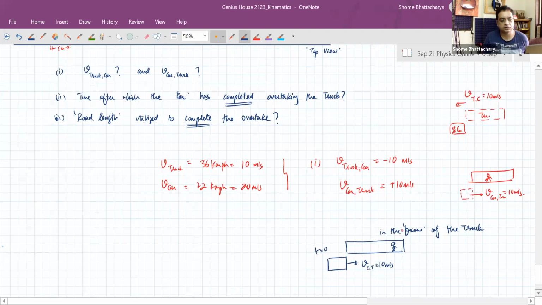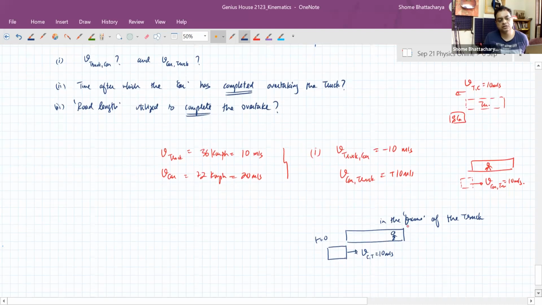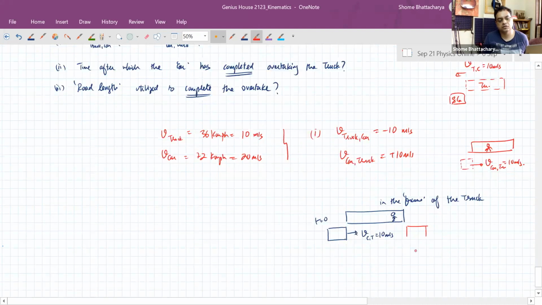Now, from this point of view, when the overtake is complete, the car has reached here, just about completed. So the car has moved relative to the truck by this much.